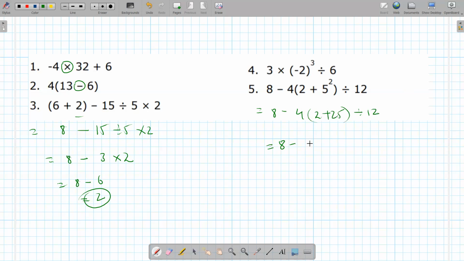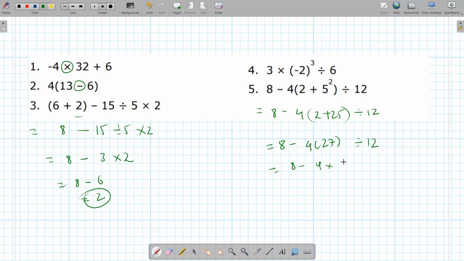You see 4 and this are in a bracket, right? So maybe you need to do this first. I mean, it doesn't really matter, just like the plus and minus, but doing this will, because if you do 27/12, that's going to give you a fraction. I guess we could do that, right?